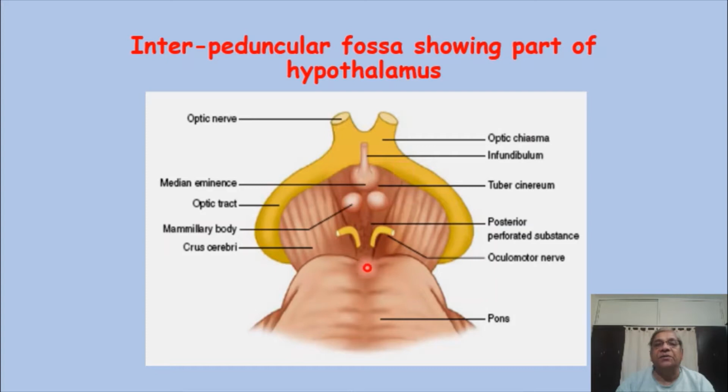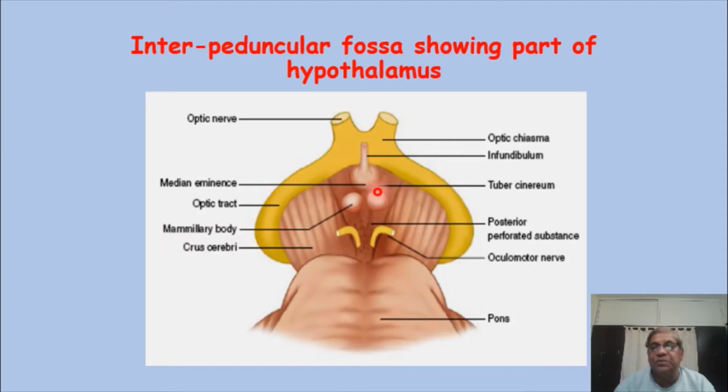Now this part between the right and left crus cerebri is the interpeduncular fossa, or the content of the interpeduncular fossa, through which the third cranial nerve, the oculomotor nerve, also takes origin. Only this much is the part of the hypothalamus, and the hypothalamus, as I said, is part of the diencephalon.